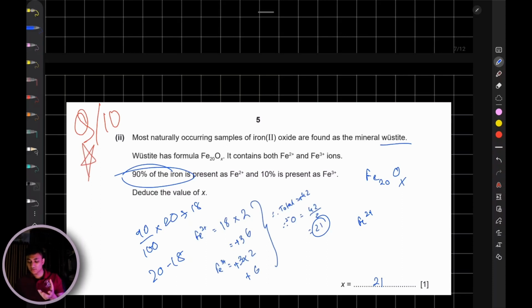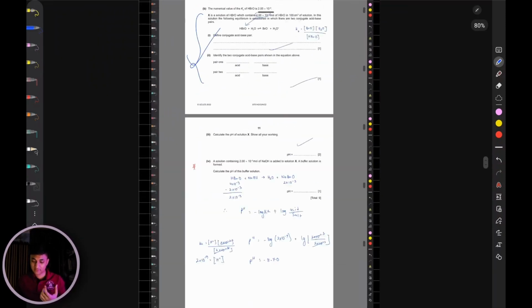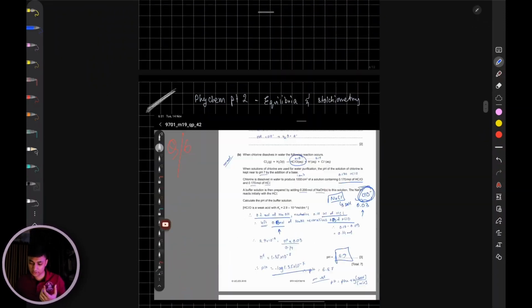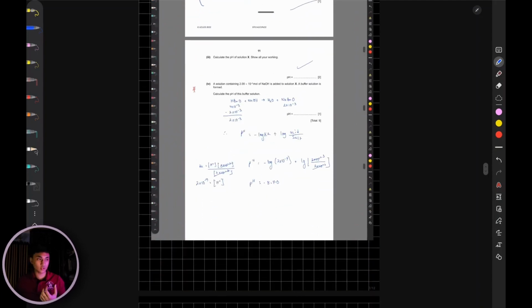So do the calculation yourself now, since it had plus 42 charge, and now you have 21 oxygen atoms with a charge of minus 2, it's going to be minus 42. So fair enough. You have a net charge of 0. So this is how you're going to find out the number of oxygen atoms. Fair enough, that is your question 10, and that is it for this video. See you in the next one.